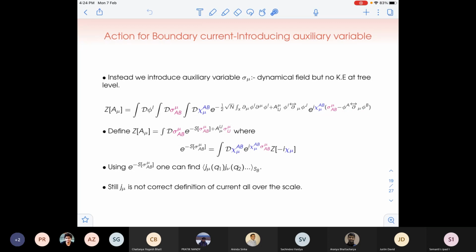Then we can define J mu in this way, where e to the power S sigma mu is the thing which we want. This is a Wilson action in sigma mu. It is useful in the sense that the form of e to the power S sigma mu is given by this form, and this directly gives the value of any number of endpoint correlators in the bare theory.